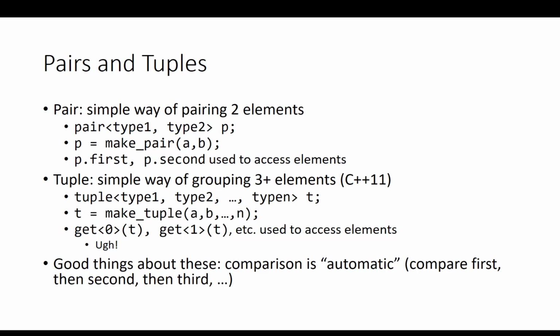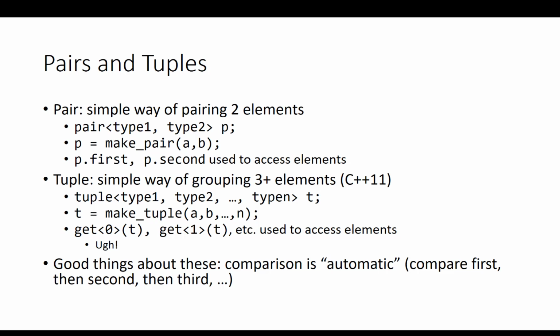And if you ask me, that's really ugly and painful to write. That's one of the reasons I hardly ever use the tuple, but it's there. And so you can always store data in a tuple and get data out of a tuple that way. Now, one of the really nice things about pairs and about tuples is that the comparison between them is somewhat automatic.